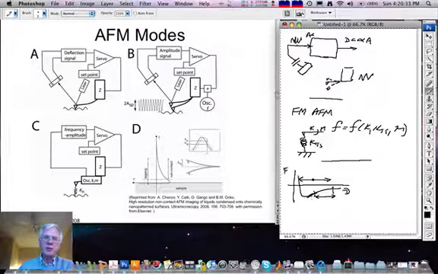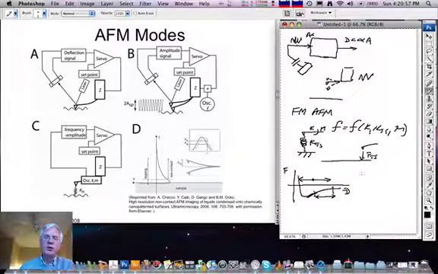How does one do this? Well, remember I told you that the resonant frequency of the cantilever was a function of the effective spring between the cantilever and the surface. If the force is attractive, it means that on the downswing of the probe, it's pulled to the surface more than it would be. The amplitude is effectively increased by these tip-sample interaction forces.